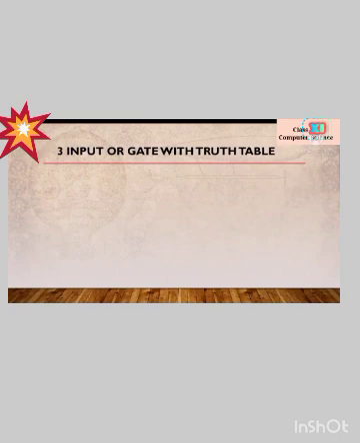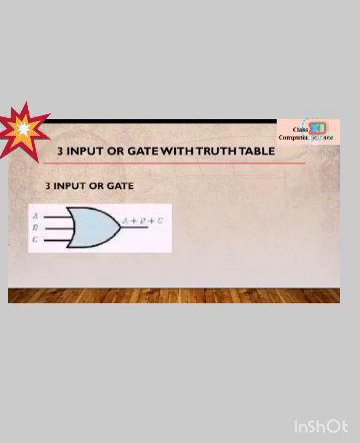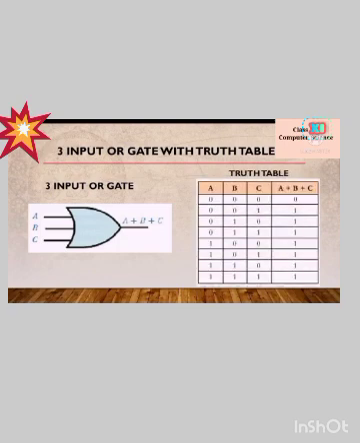3 input OR gate with truth table. We can make a notation for a 3 input OR gate, and the output is denoted as A plus B plus C, where A, B, C are the 3 inputs given to the OR gate. We can see the truth table. We are using 3 inputs, 0, 0, 0, 0, 0, 1, like that. The decimal numbers can be represented here, the binary numbers from 0 to 7.